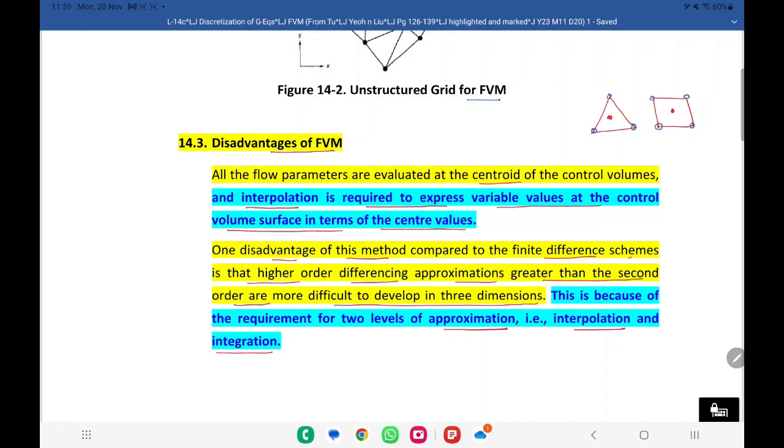And the integral will also not be over infinitely small elements. You will talk in terms of finite elements. So when the integral is written in terms of finite values, there will be error, right? So one approximation is here that the differential equation is integrated, no problem. That is exact. Mathematics is exact. A differential equation you can integrate, no problem. Both are exact.